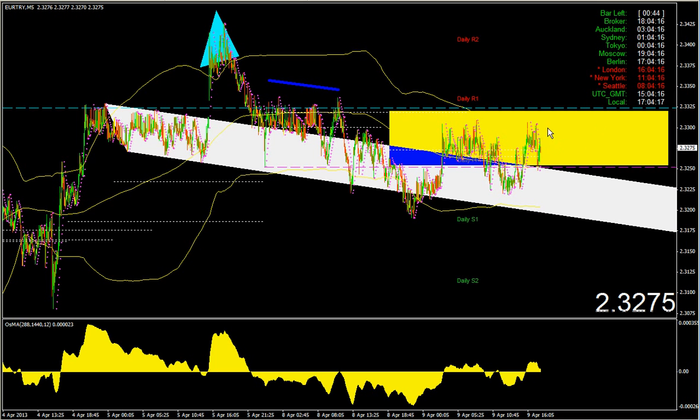So all in all, I would wait through New York or even the Asia session to see if we break out, and then I would take a trend following long or short trade.